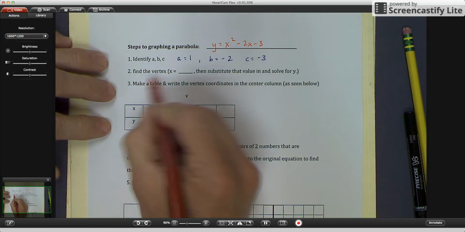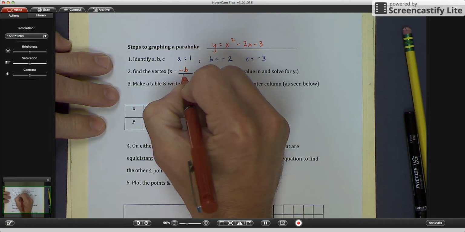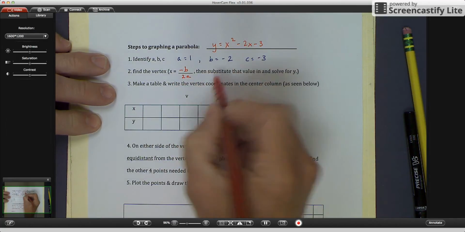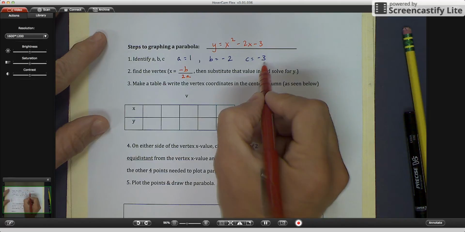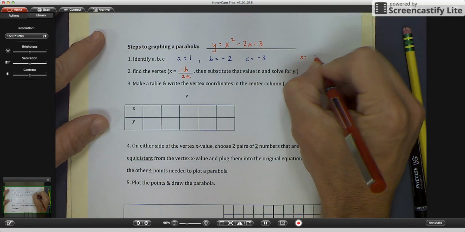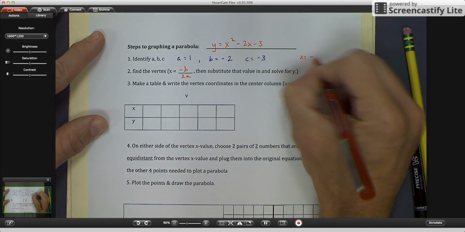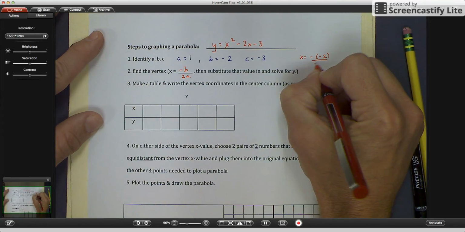So you find the vertex, the x value, which is negative b over 2a, and then you substitute that value in and solve for y. So again, we're going to go back to our a, b, and c, and our x value is equal to negative b, which would be the opposite of negative 2, over 2 times a.